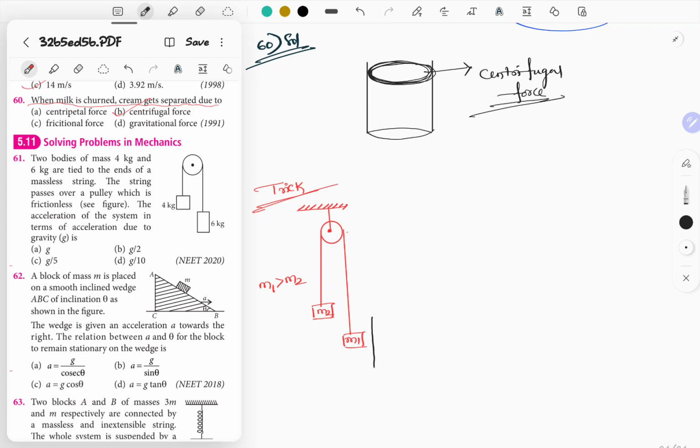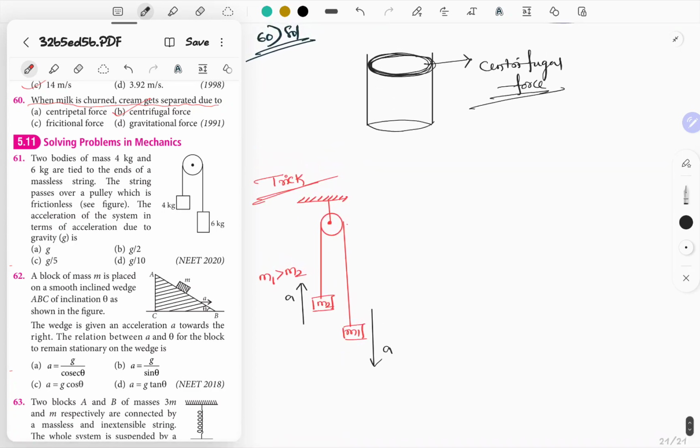So m1 will accelerate downward with an acceleration a, m2 will accelerate upward with an acceleration a. So both the blocks have the same acceleration. Let me represent the weights acting on those objects. The weight of m1 is m1g and the weight of the m2 block is m2g. Tension in the string of m1 is T. As the string is the same, tension in the string is also the same.